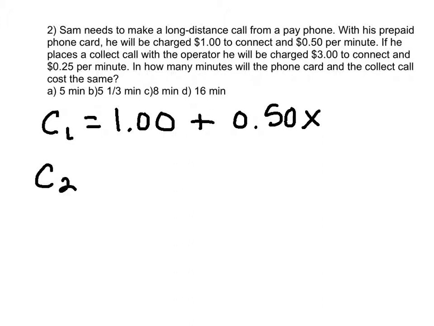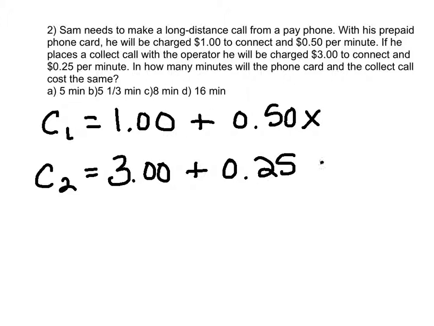Call 2 says that you're going to be charged $3 to connect plus 25 cents times every minute that you're on the phone.